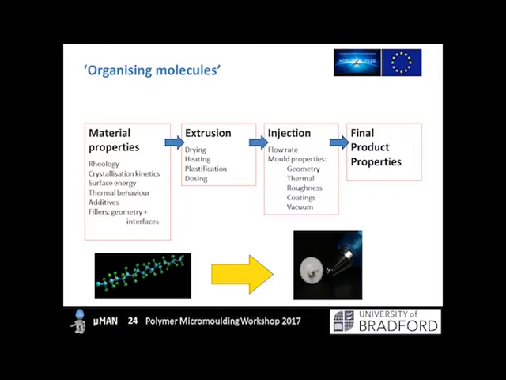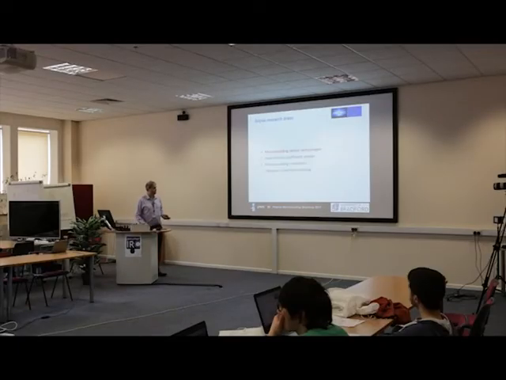And this is basically our unique selling point in this research department at Bradford. We don't do tooling, we do some process development, but we don't make manufacturing hardware. But what we do is generate understanding of how these very, very complicated materials, these long chain molecules, behave in given environments, so we can start to predict what the outcomes are going to be for our micromolded components.